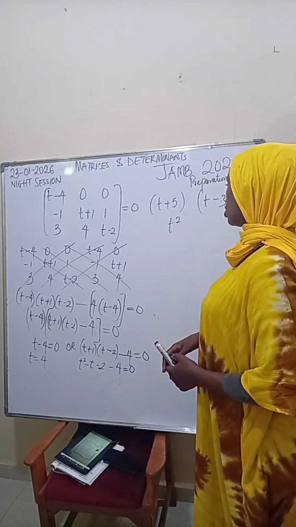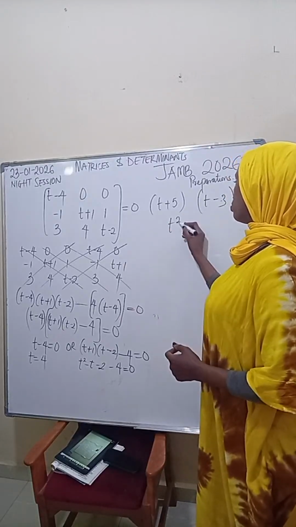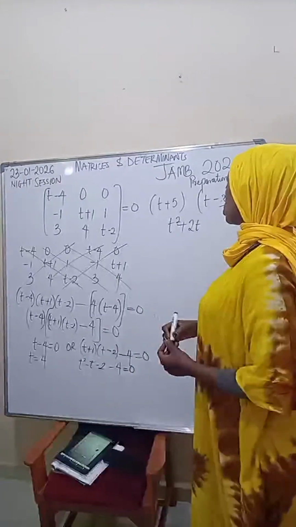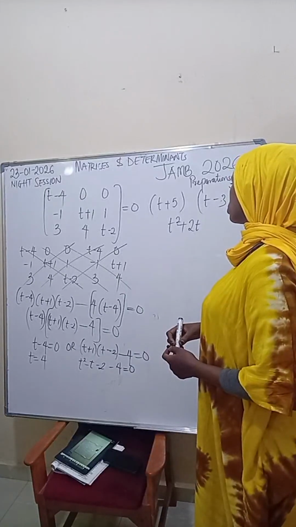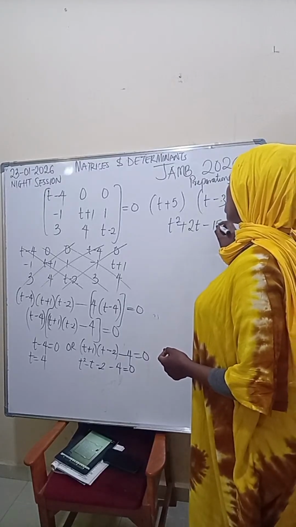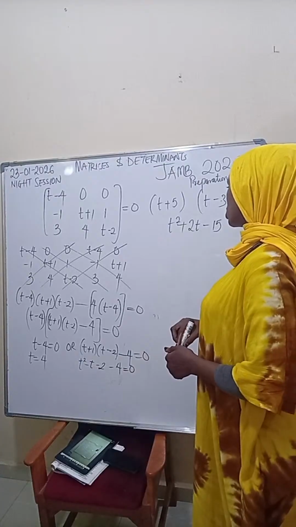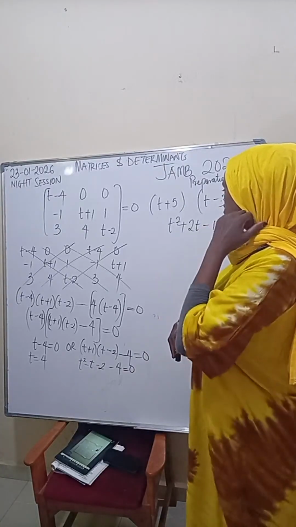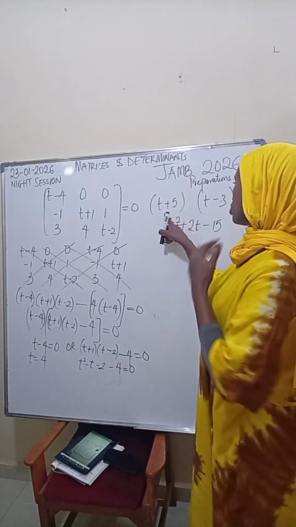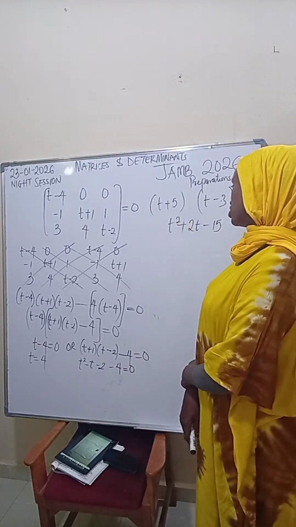Plus 2, 2t. Yes. Okay, that's a short way of doing that, instead of, yes. So you just take the square. Oh, yes.